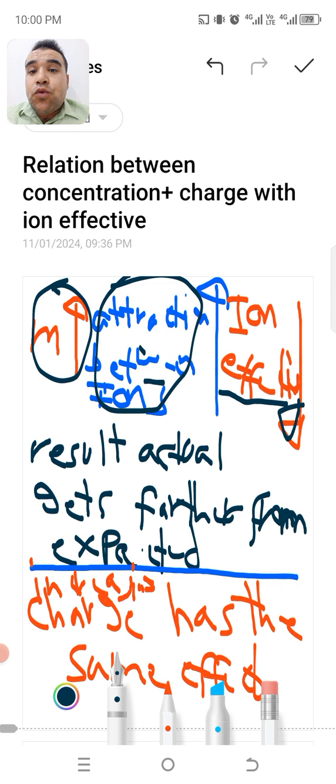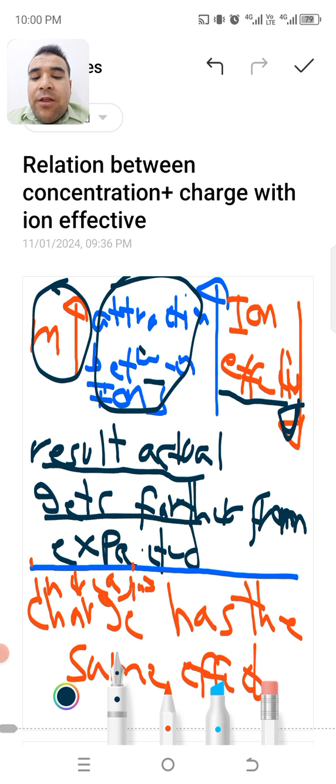And for the colligative properties, guys, as the ion effective decreases, there will be a longer distance between the actual and expected values. So an increase in molality results in the actual value getting farther from expected.